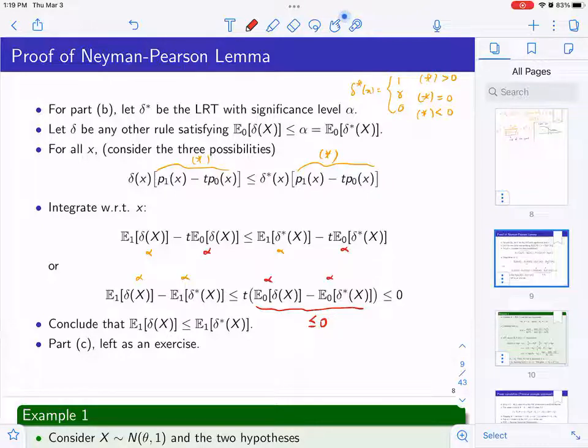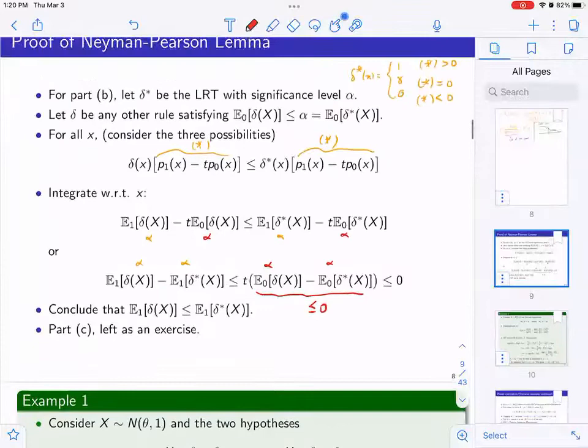Okay. So this is a very interesting result, and the foundational result in the theory of hypothesis testing, let's say, optimality. This tells you something about optimal tests. The optimal tests look like likelihood ratio tests.